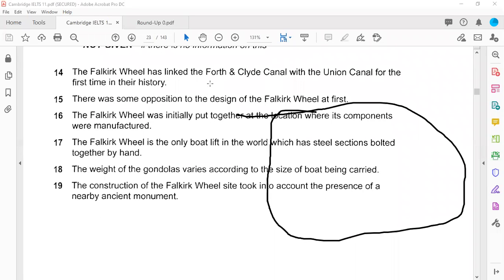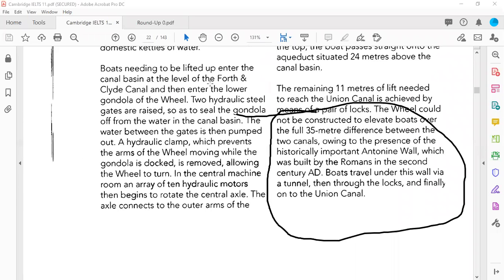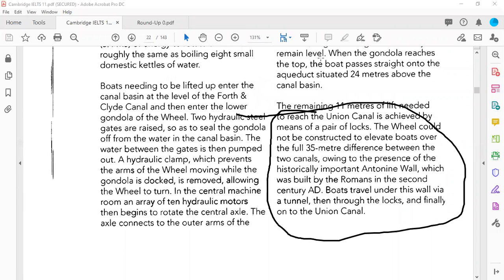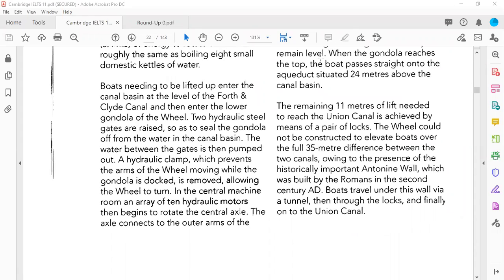A nearby ancient monument. Antonine Wall. Ancient Antonine Wall. True. They had to take into consideration the wall.